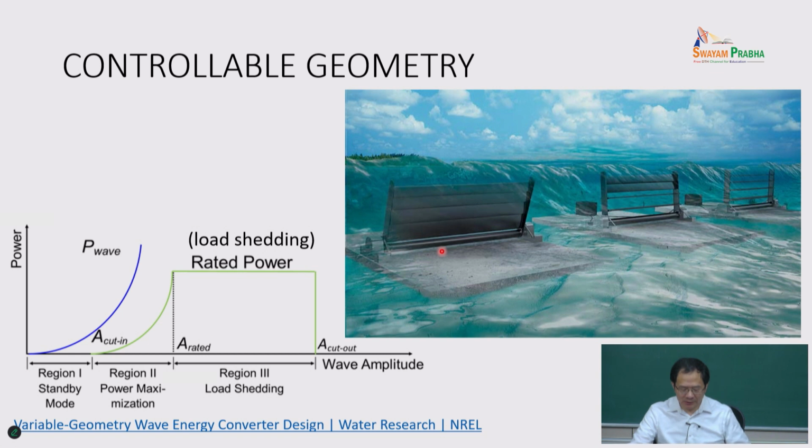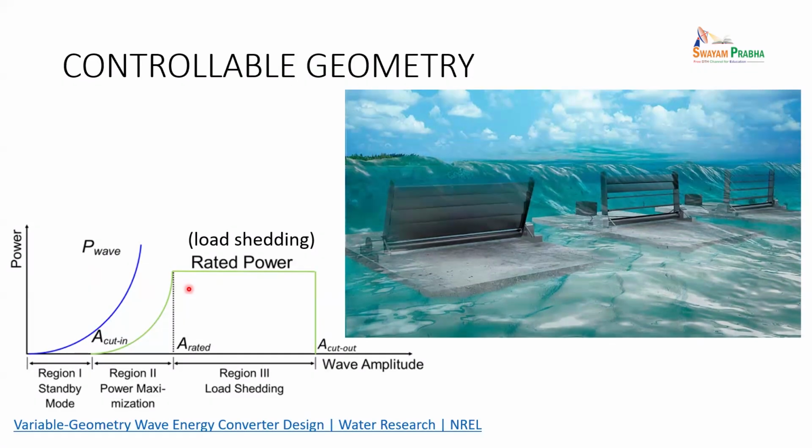That is one concept Nathan Tom at NREL proposed. You can see this alternating wave surge device. At a small wave, the windows are all closed. In that way, you have large excitation force, therefore you push this power curve to the left side. It can work well in small wave conditions.